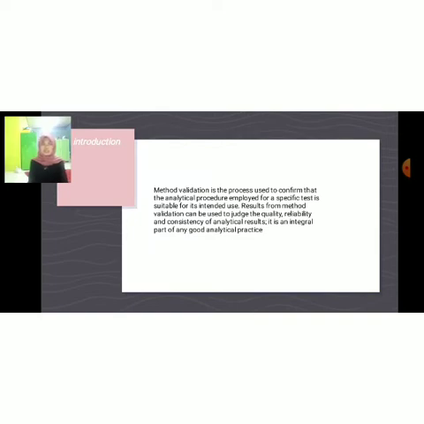Firstly, I want to tell you about what the method of test validation is. Method validation is the process used to confirm that the analytical procedure employed for a specific test is suitable for its intended use. Results from method validation can be used to judge the quality, reliability, and consistency of analytical results. It is an integral part of any good analytical practice.